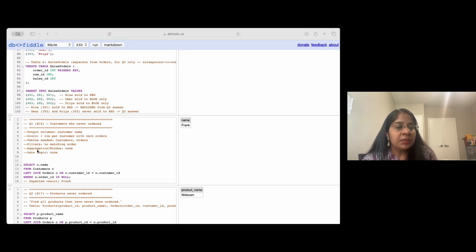If you write the pattern this way, it's easier to write the query and you won't make any mistakes. The query is: select C.name from customer C left join orders on the customer ID columns from their respective tables where the order ID is null.